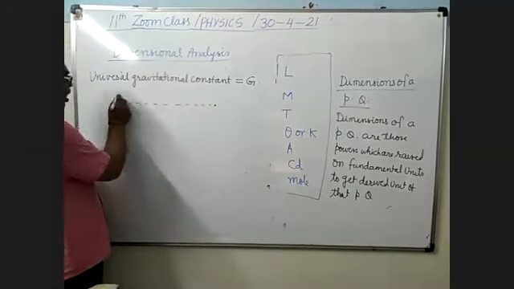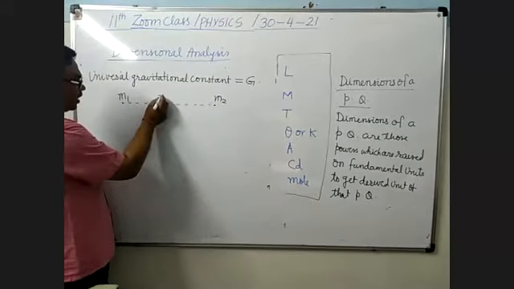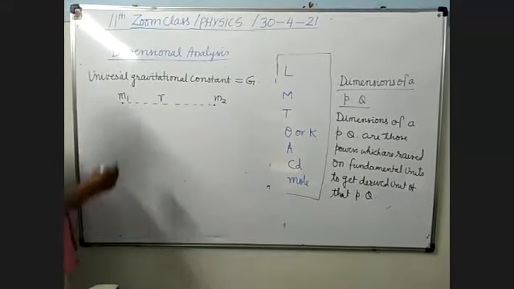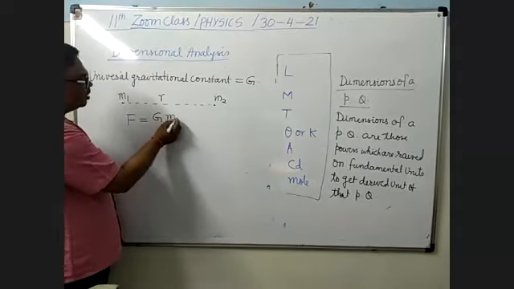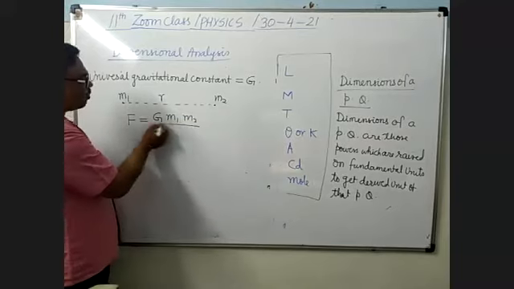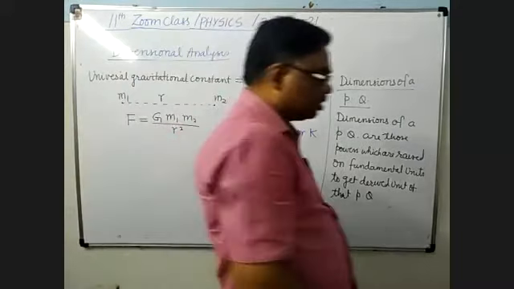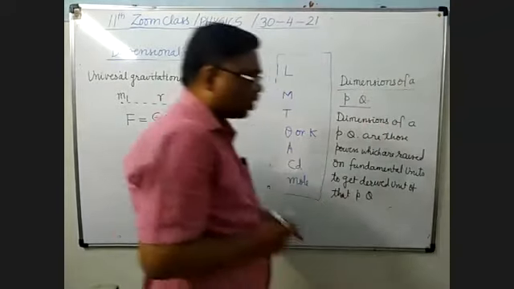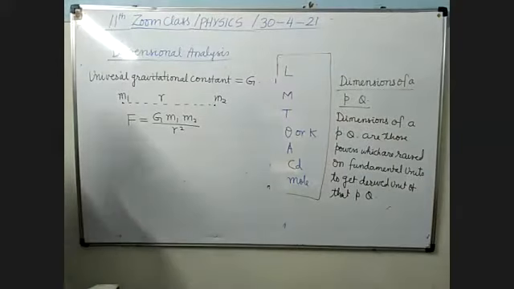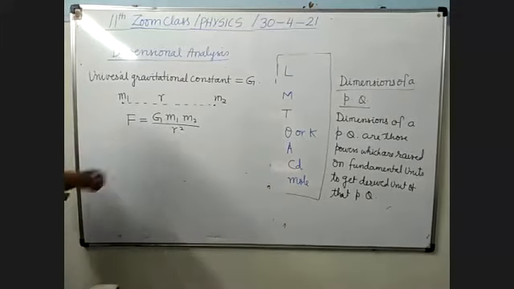If there are 2 point masses m1 and m2 separated at a distance small r, then the force between them is given by G m1 m2 upon r square. This formula gives the force between 2 point masses separated at a distance r. Now you have to find the dimensional formula of capital G.